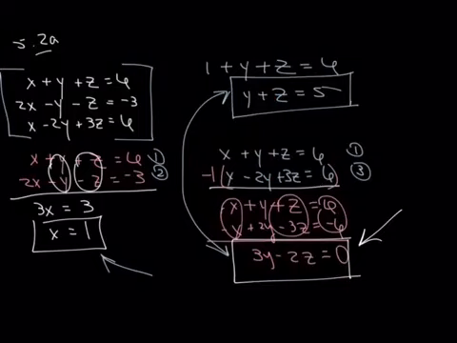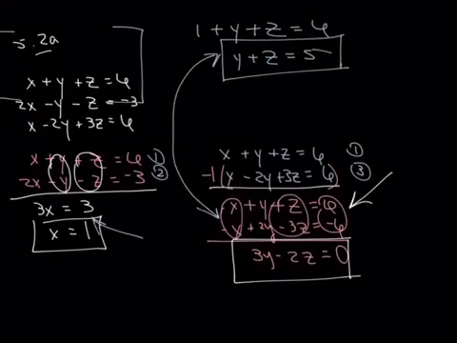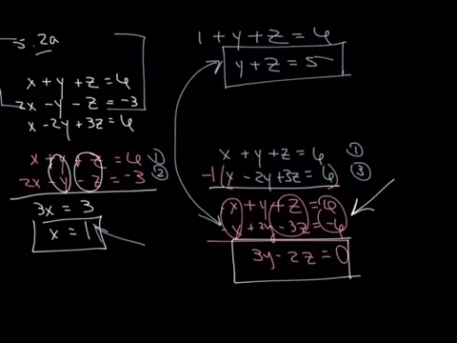There are three variables here. I found one of them right away, easy to find, and it was 1. Now I have to find my y and my z by putting these two together. So let me go ahead and write y plus z equals 5, the one from up here, and I'm going to take this one and put it underneath.